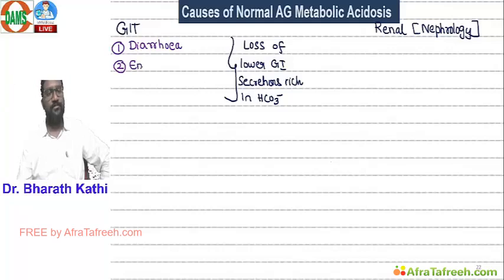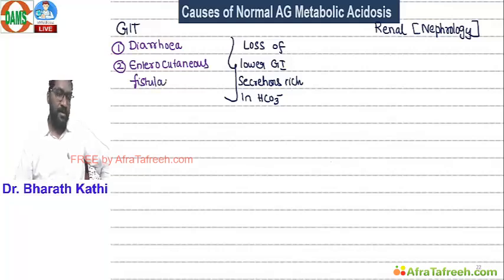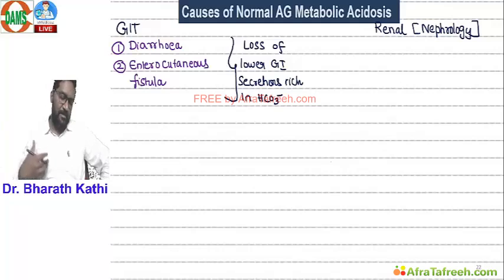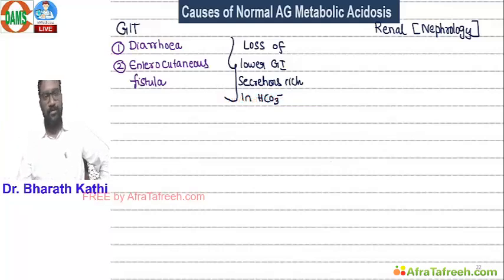Then we have an entity called enterocutaneous fistula. Entero means intestine, cutaneous means skin, fistula means opening. From the intestine there is an opening to the outside. Through this opening, what will be lost?